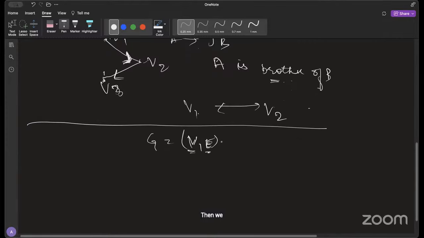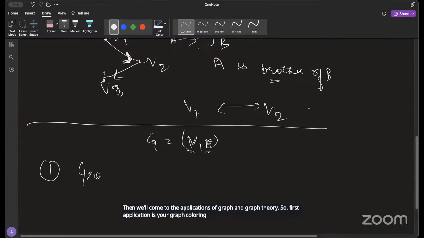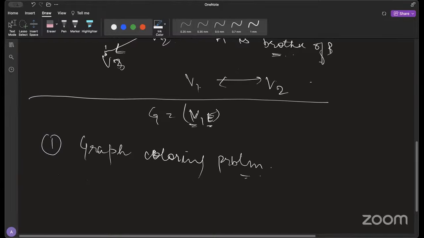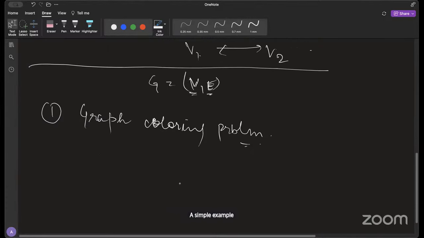Then we'll come to the applications of graph and graph theory. So the first application is the graph coloring problem. What's a graph coloring problem? The simple example is a map of India where the states are mentioned, right?